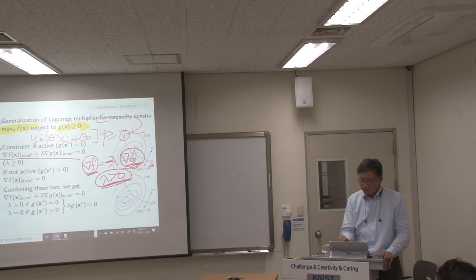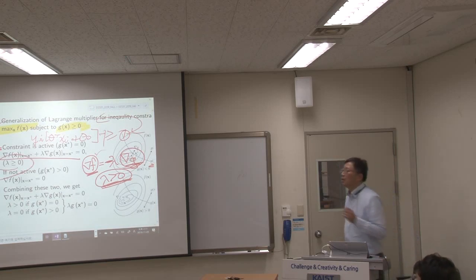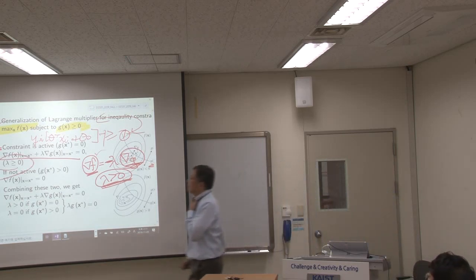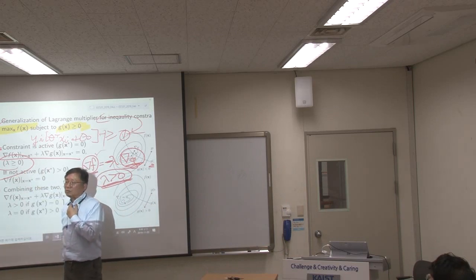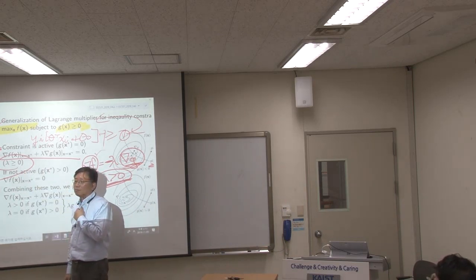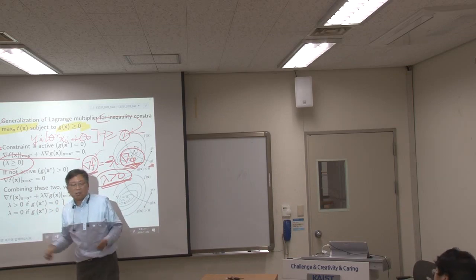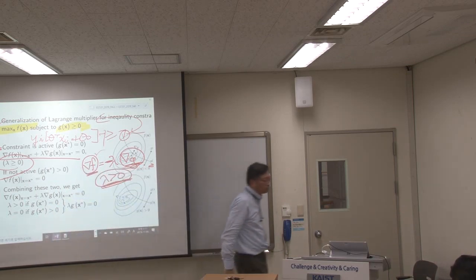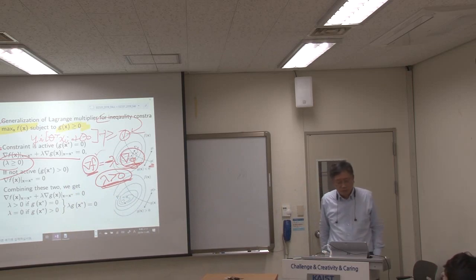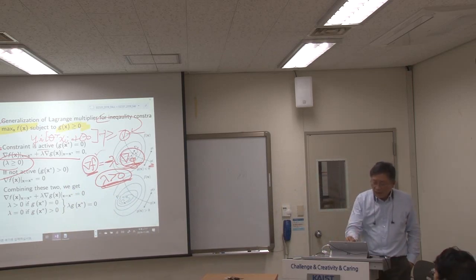I could put this thing right over here on this side and I could do that. But lambda has to be greater or equal to 0, because they have to be going in opposite directions. Okay? So combining this active and inactive, I can write it like this.